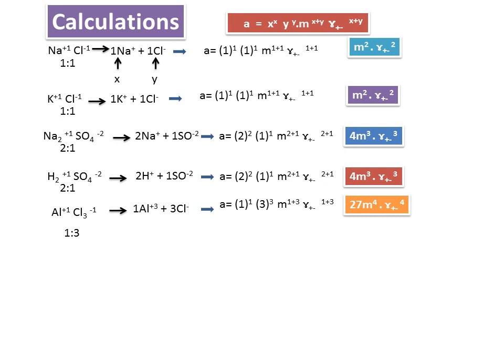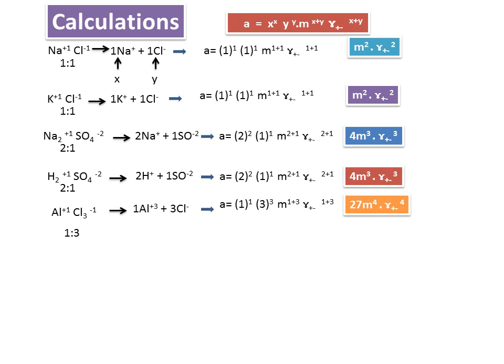The x to y ratio is 1:1. Putting values in the formula, we have m square and gamma positive negative square. It is the value of mean ionic activity of NaCl. The method, formula and values are the same for KCl. Also it is a univalent salt.